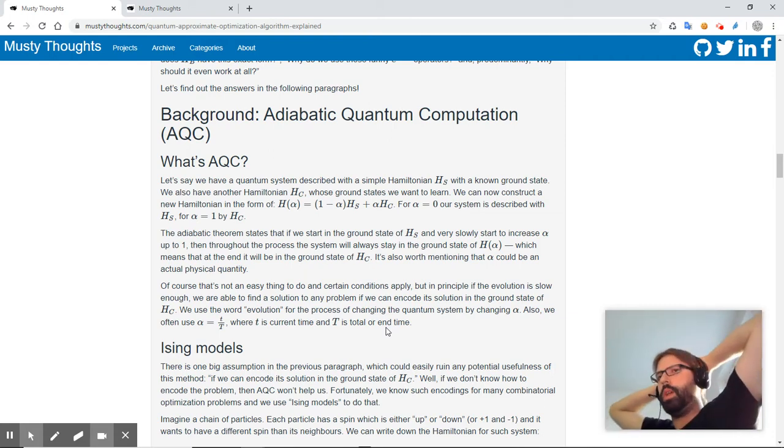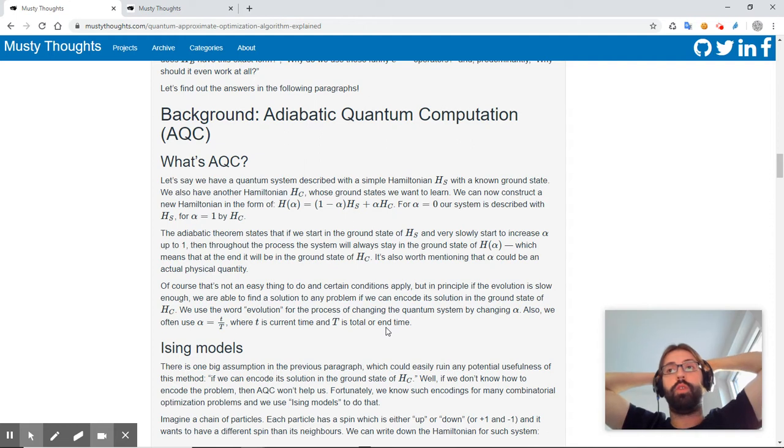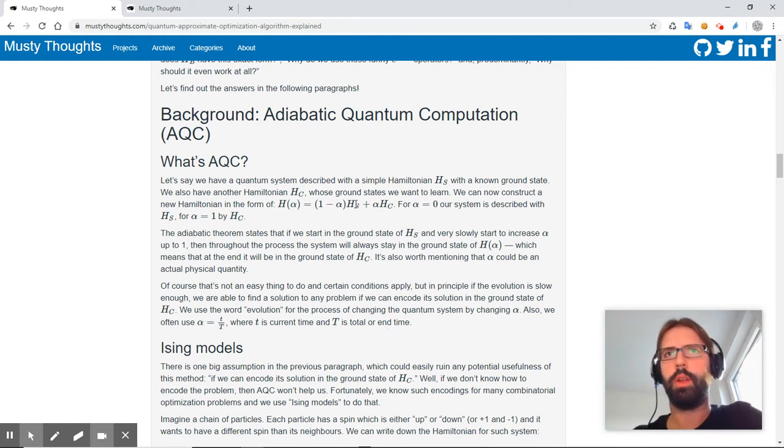So what this is saying is you try to encode the solution. You try to build a Hamiltonian whose ground state is going to be a solution of your problem, but of course you don't know the solution of the problem. So what you do is you combine this with another Hamiltonian, and then you just let the system evolve.